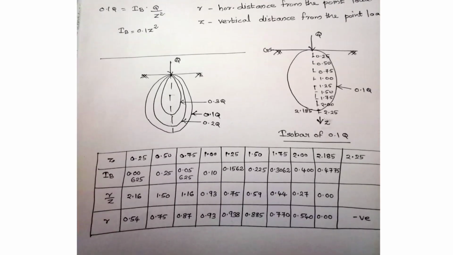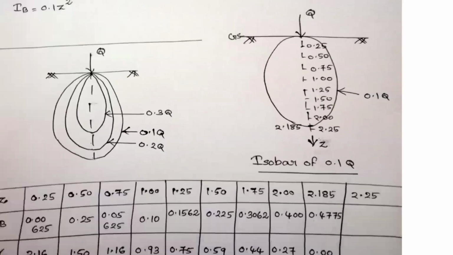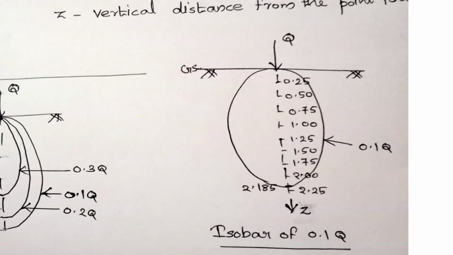So we are getting the z value and r value, which means the x coordinate and y coordinate, that is r and z values, are obtained. So using these r and z values, we are finding the points on the ground which have the same stress intensity. So these are the points we can see here.